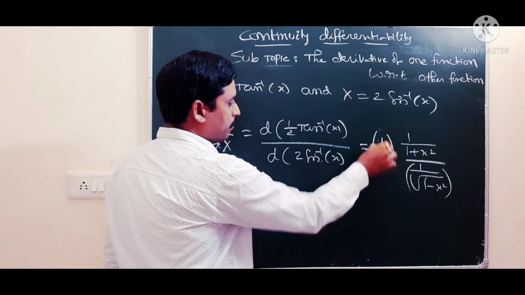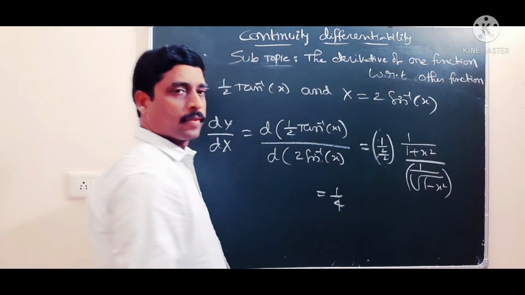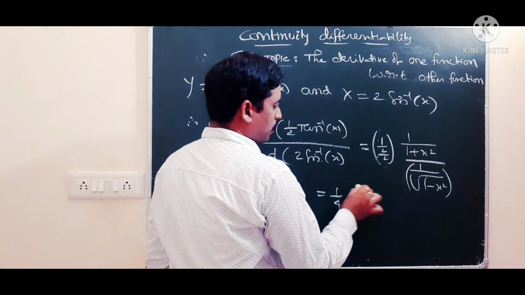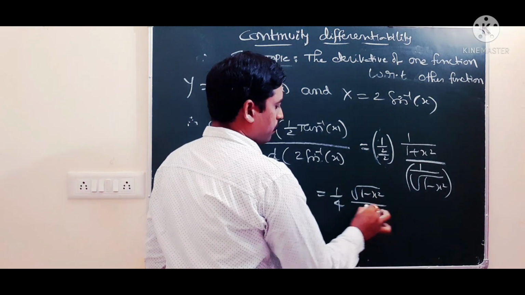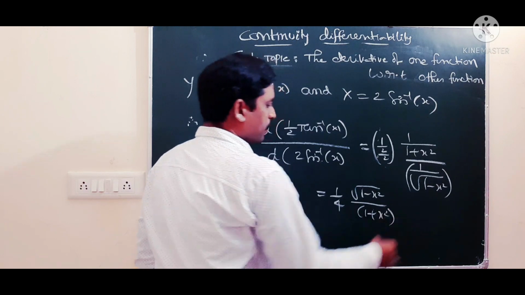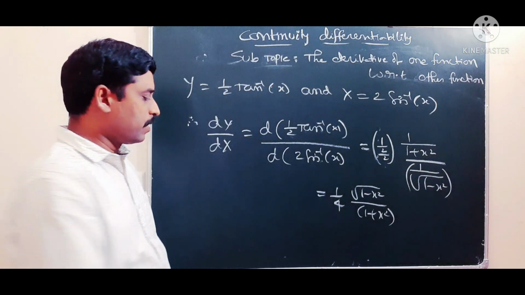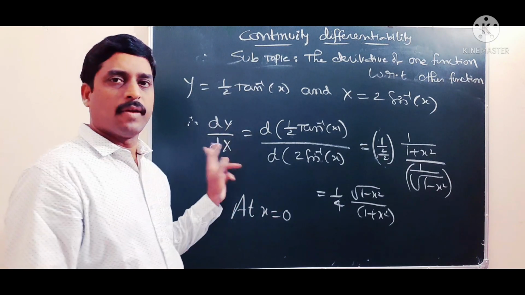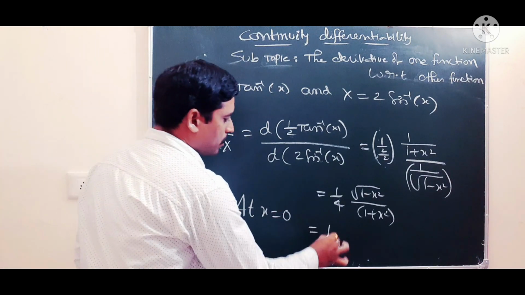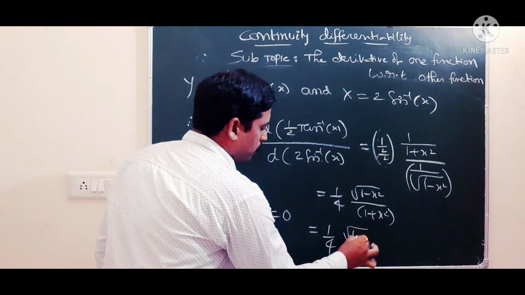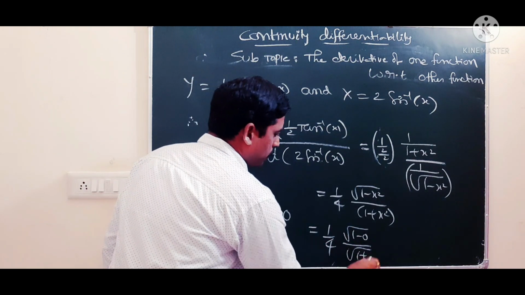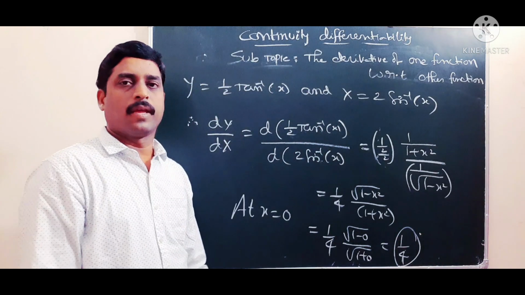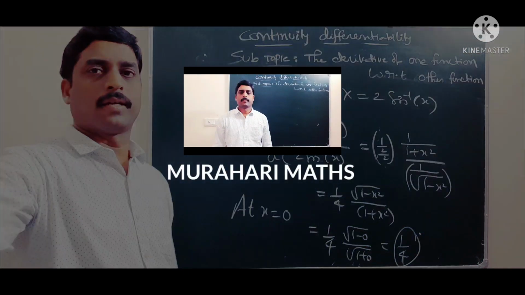So this value will be 1 by 4 into the reciprocal, root 1 minus x square by 1 plus x square. From the statement, at x is equal to 0 we have to find dy by dx. Put 0: 1 by 4 into root 1 minus 0 by 1 plus 0. So this value will be 1 by 4. So dy by dx is 1 by 4, the correct answer.